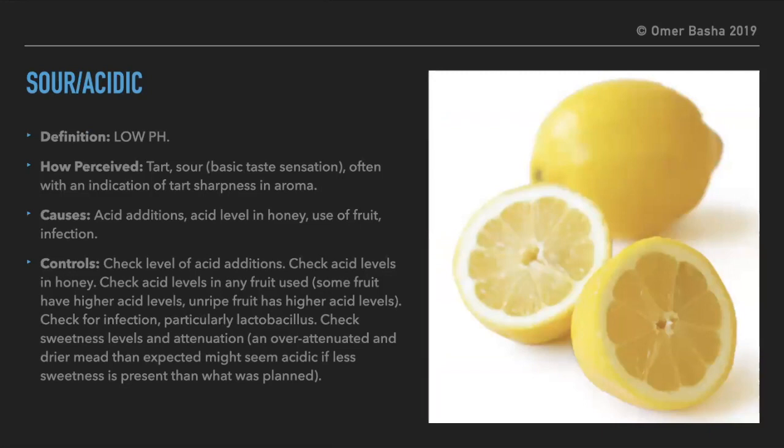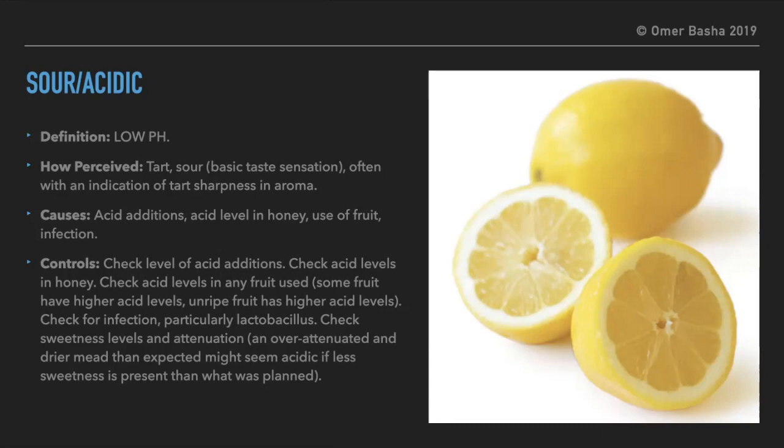This is defined as having low pH in the mead. It's perceived as tart, sour, and it's a basic taste sensation, often with an indication of a tart sharpness in the aroma. It can be caused by acid additions, especially citric acid. Acid level in the honey can be too much.